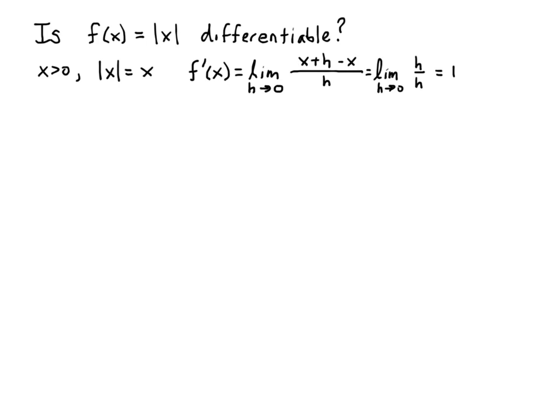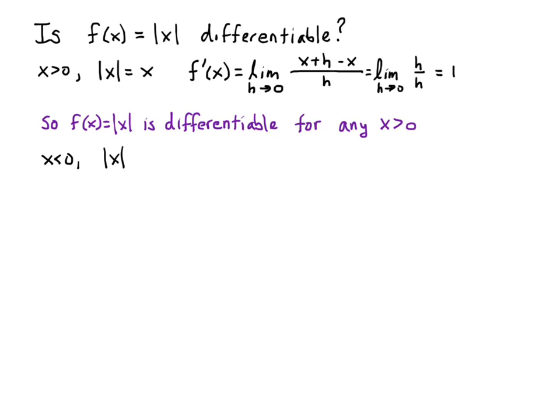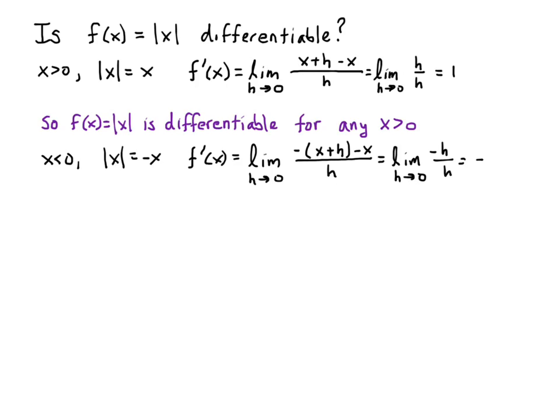You can see that from a graph, but here I've shown by the limit definition that it equals 1. So this function is differentiable on the open interval for any value greater than 0. When x is less than 0, f of x equals negative x, and if I do the same thing, we come out with a slope of negative 1. So we would expect that everywhere x is less than 0, the derivative is going to be negative 1.